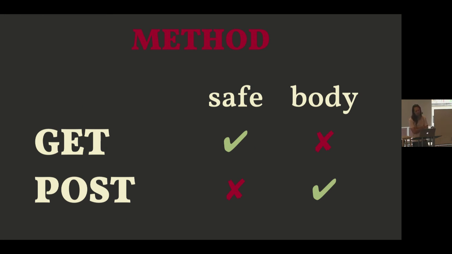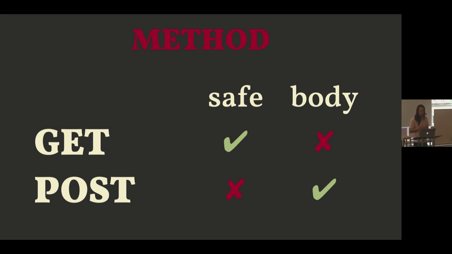So safety is this idea that when I make the request, I'm not changing the behavior of the server at all due to my request. When I do a GET request, I ask the server for data. It just sends me that data. The server will send the exact same data on the next request. But there are operations that change the state of the server.